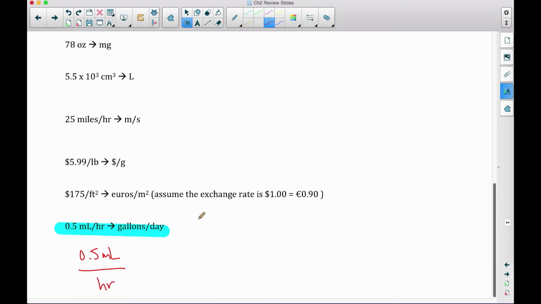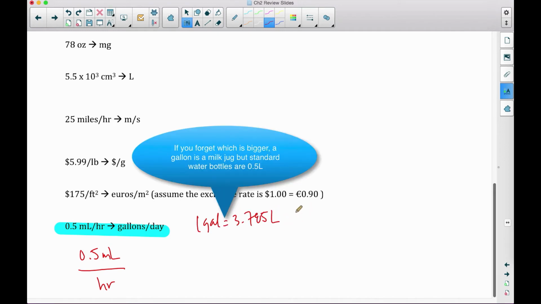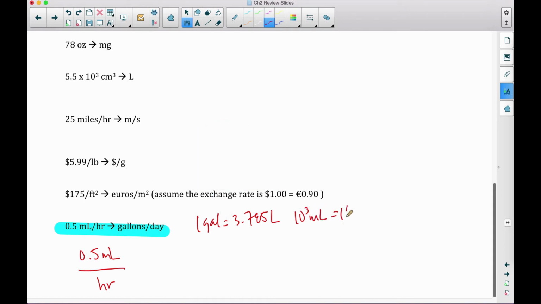So what do I know? I know 1 gallon is equal to 3.785 liters. And I know that 10 to the 3rd mils is equal to 1 liter. What else do I know? I know that there are 24 hours in one day. So putting that all together, let's use this one first.